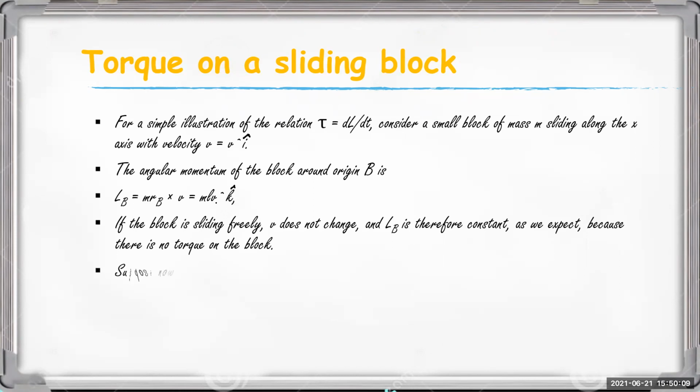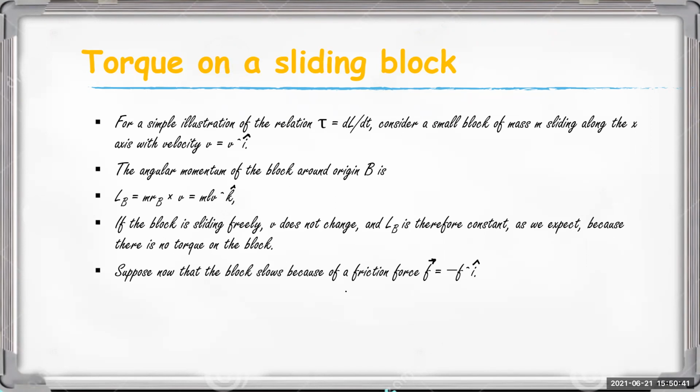Suppose now the block slows because of friction. Here we consider the case of friction. Friction acts in the minus x direction. Here the force F vector is equal to minus F i.